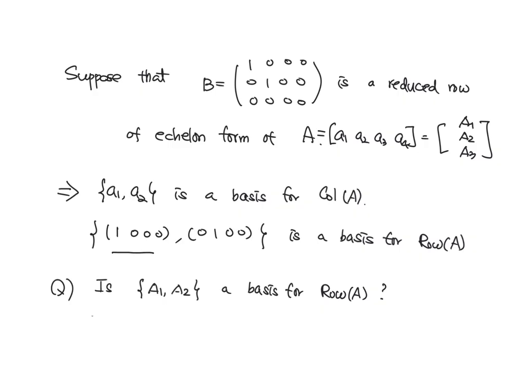You cannot choose the columns in B matrix. So my question here is, in the case of the row space, do I have to go back to A and choose the first two rows in A to define a basis for the row space? Or do I have to stay in B matrix?